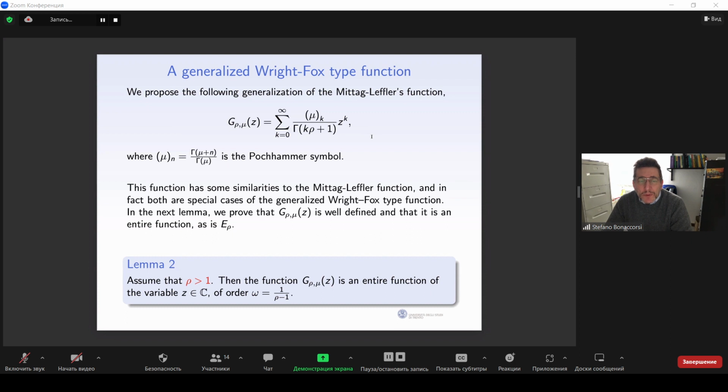We can prove some properties of this function, and so assuming that rho is larger than 1, we prove that this function is an entire function in the variable zeta in C, and the order of this function is 1 divided by rho minus 1. So you see that rho larger than 1 is a necessary condition.